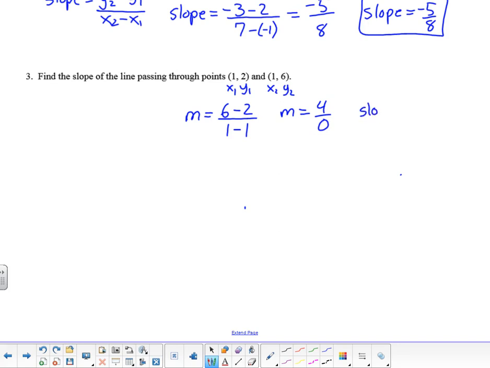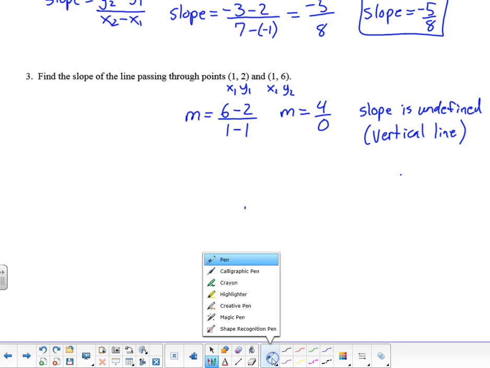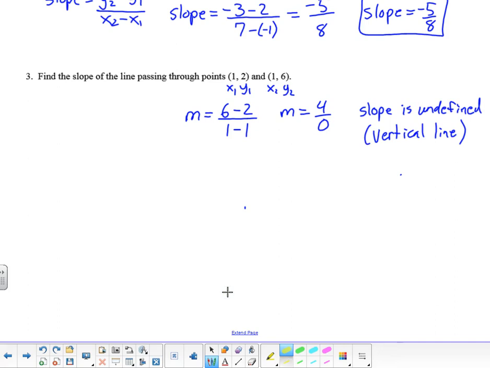So here the slope is undefined. And if we were to graph that, we would find that this is a vertical line. Another way of thinking about it is the x value does not change. You see what we have here? We have 1 and 1. So there's no change in x. That's when you have a vertical line.